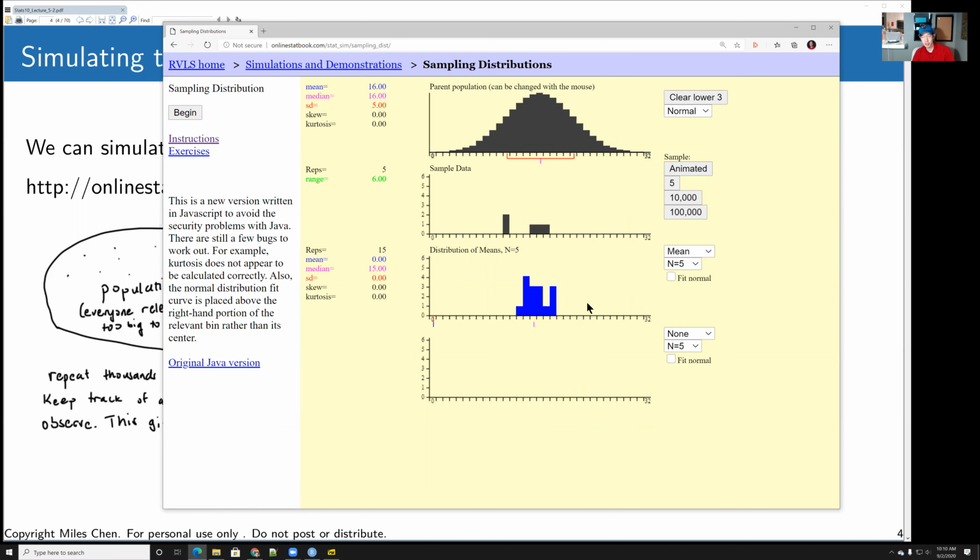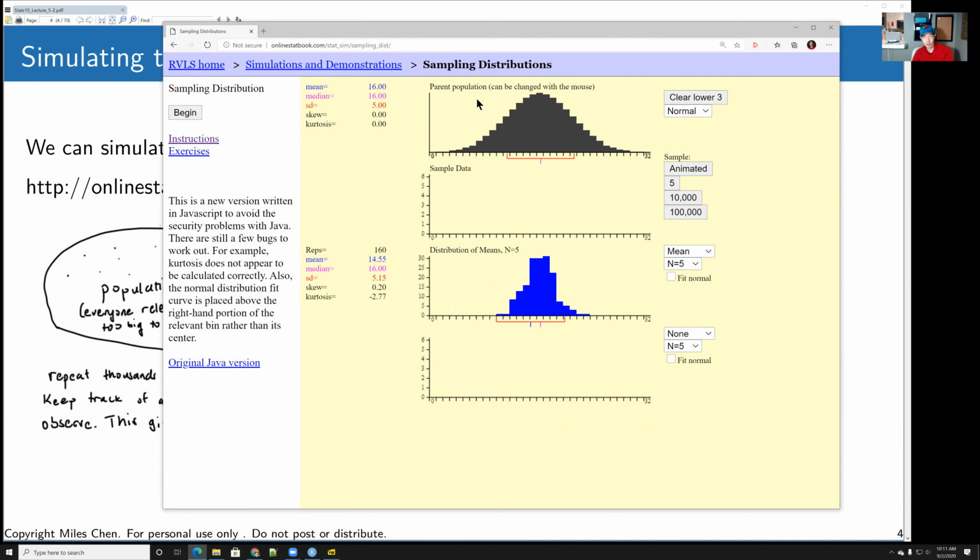And to just kind of speed things up, rather than having to see the individual samples, I can just click 5 here, and it will add kind of 5 bricks here. And it will kind of build up our sampling distribution, 5 at a time.